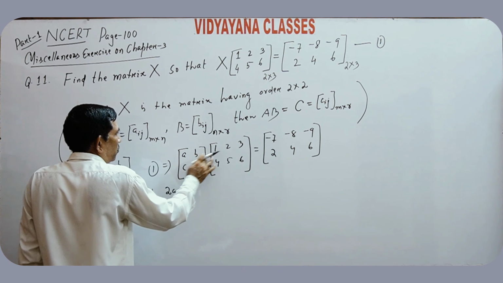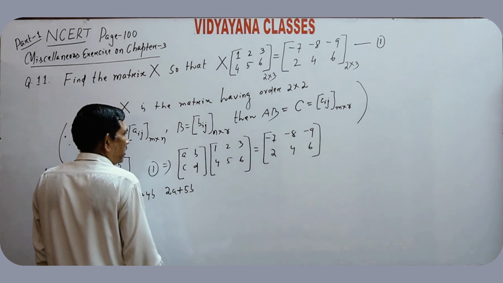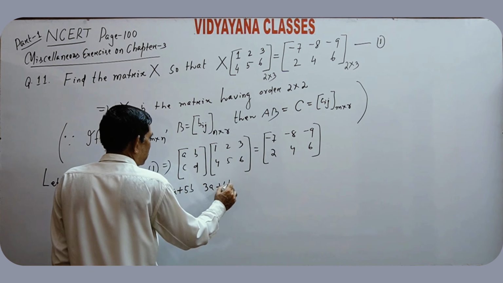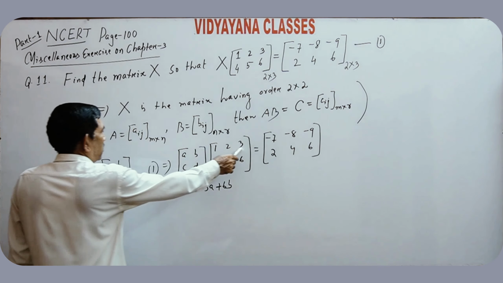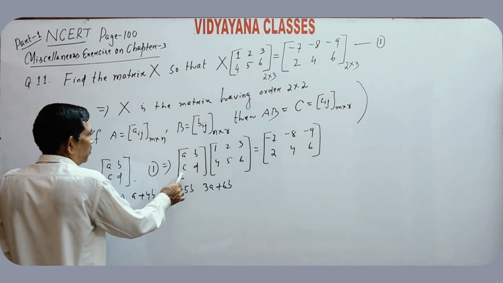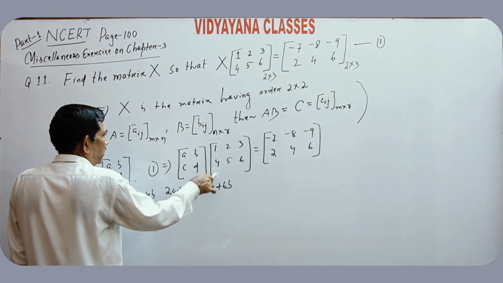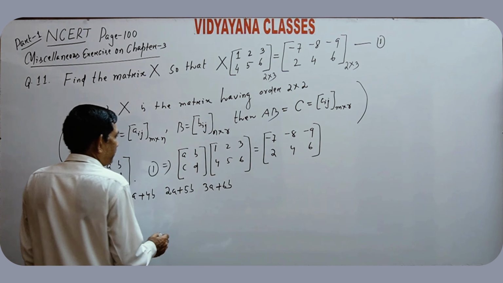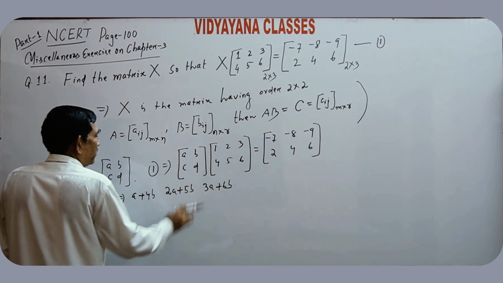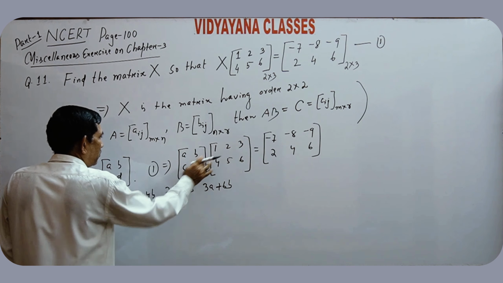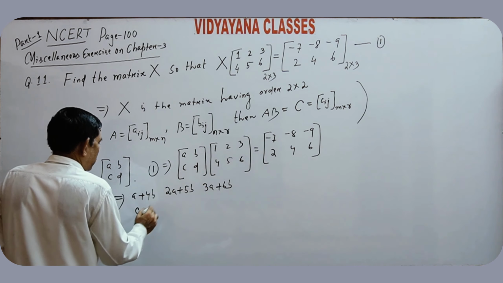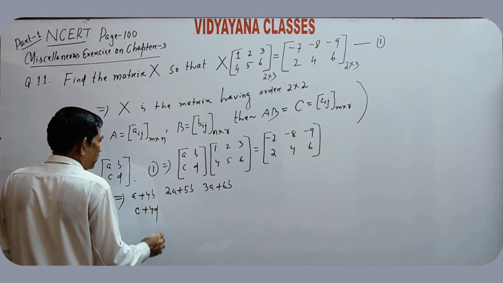Next, row 1, column 3, that is 3A plus 6B. Go through row 2, come down in column 1, which gives C into 1, that is C, plus 4 into D, that is 4D.